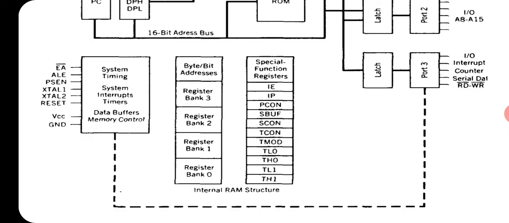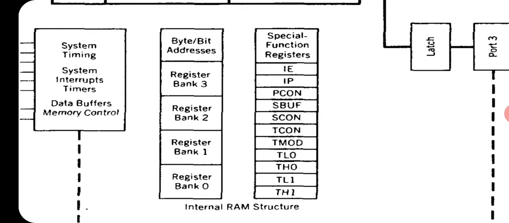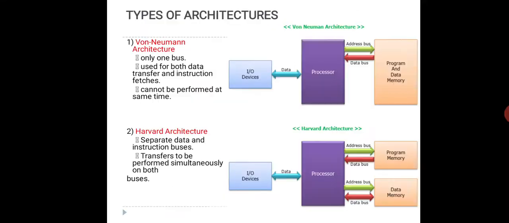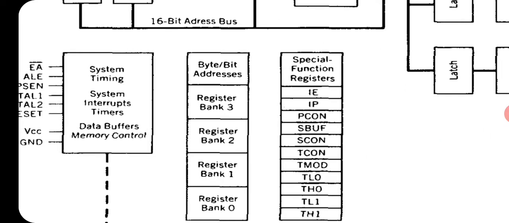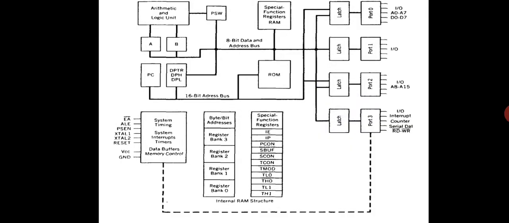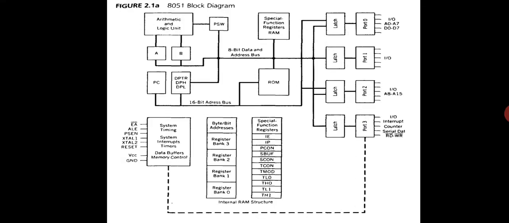Then you have register banks. This is the structure of RAM memory, the internal RAM memory. It has 4 register banks: register bank 0, register bank 1, 2, 3. So this is the 8051 block diagram. Neatly you have to draw it as it is.